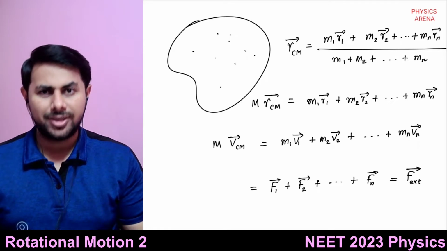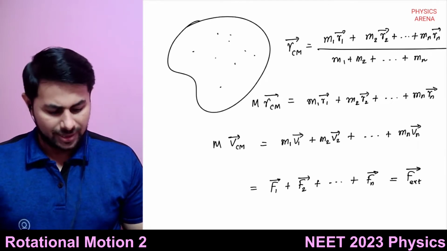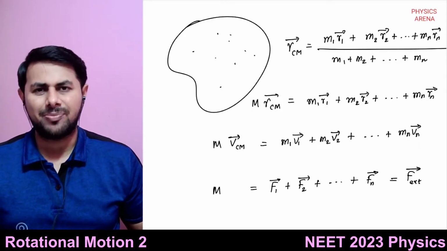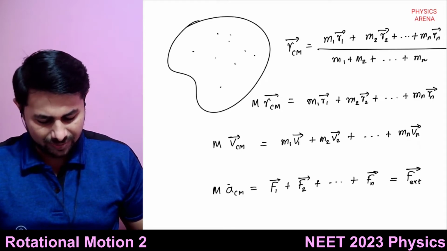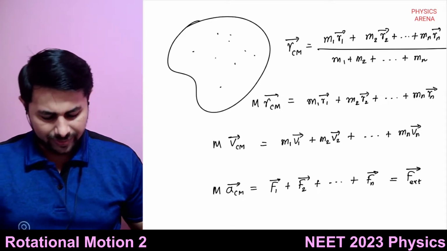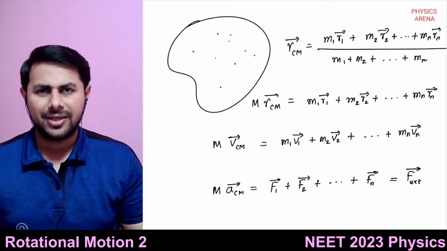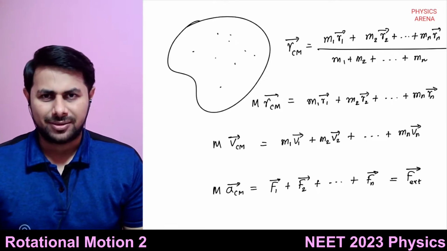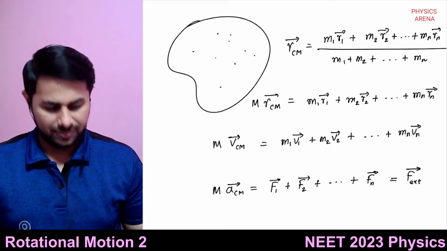The sum of all these forces will be the total external force acting on the body, and it is the mass of the body multiplied by the acceleration of the center of mass. So again it tells us that we can think as if the total mass of the body is concentrated at the center of mass. This is what we saw yesterday.